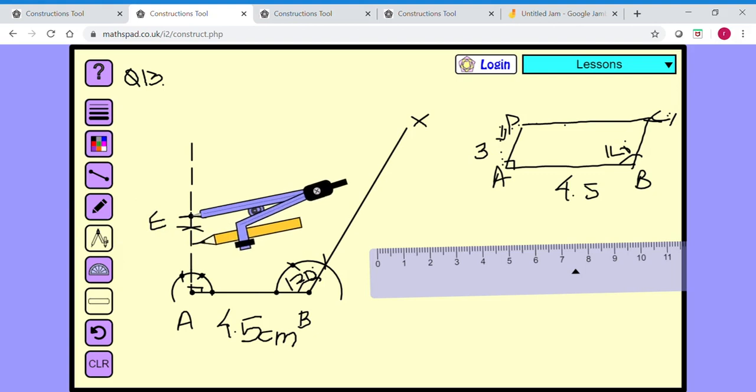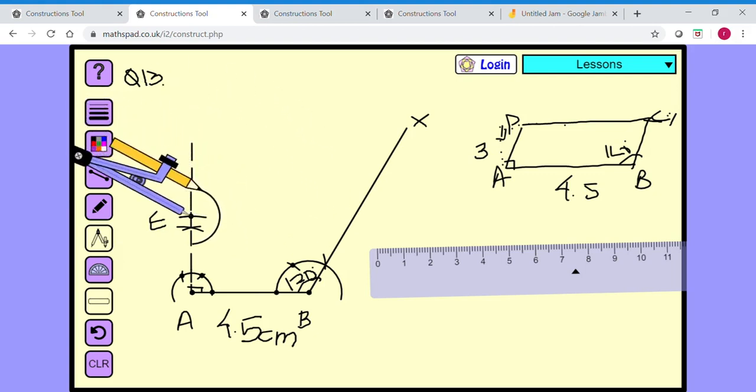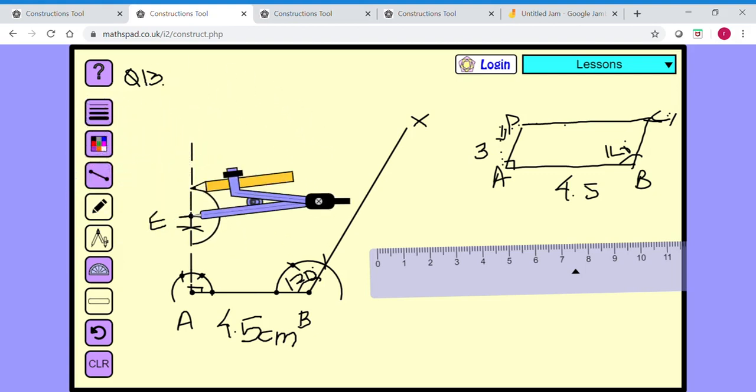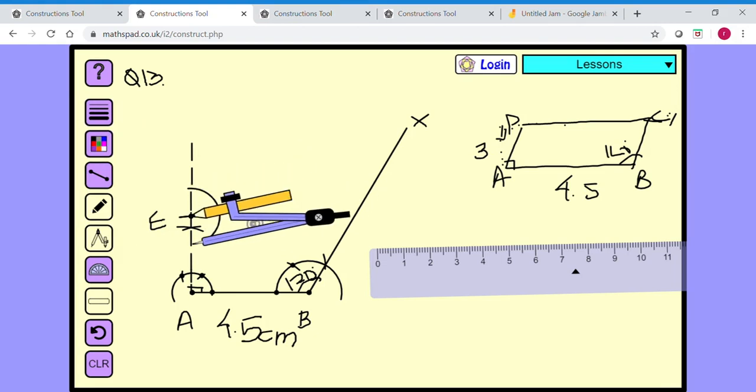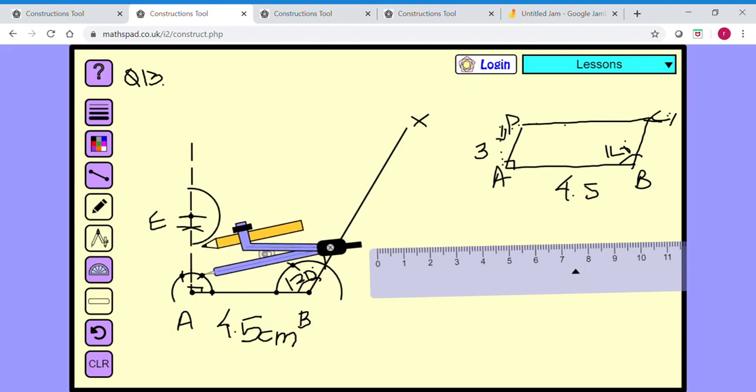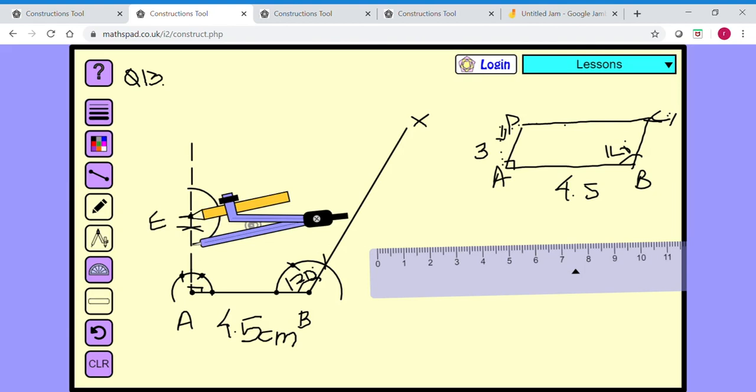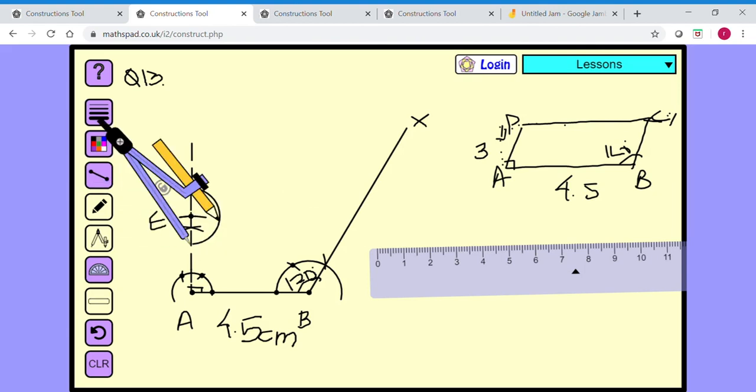Done. So let me draw the semicircle. Done. I pick it up, keep it at this point to draw my first 60 degree angle, and I mark my 60 degree angle.